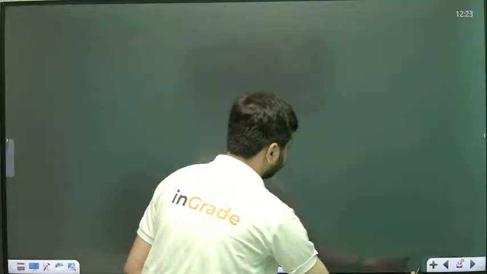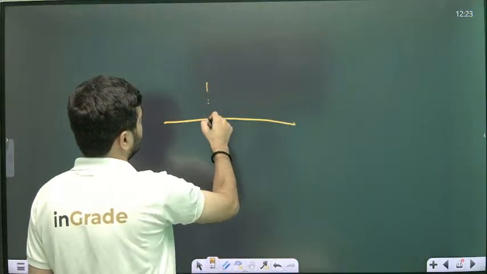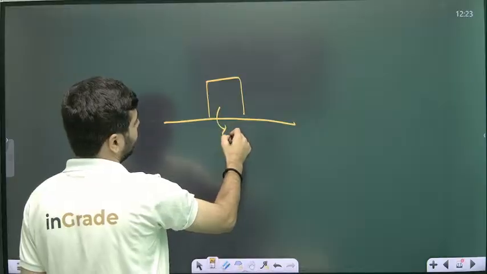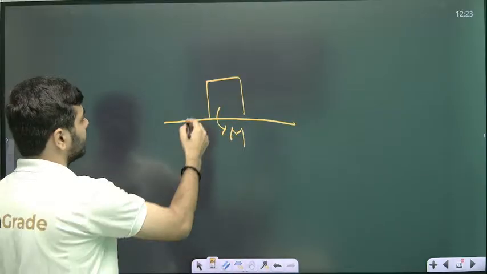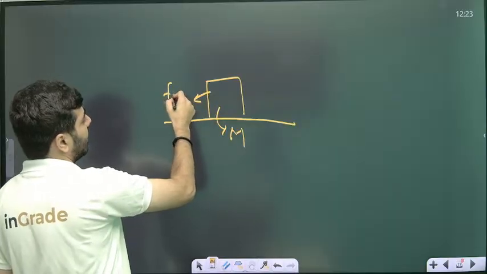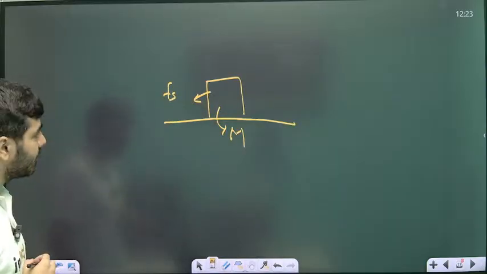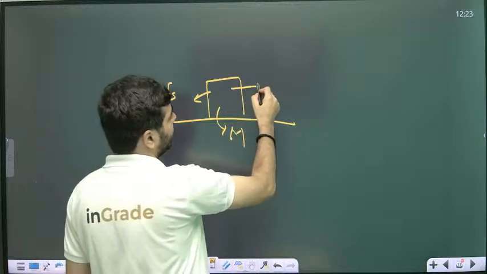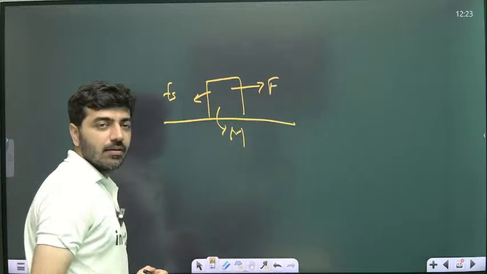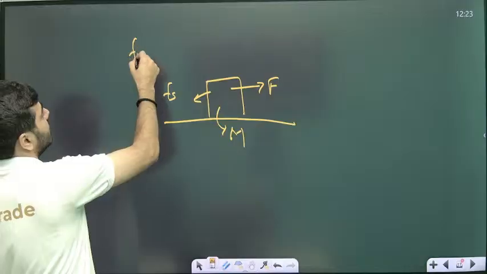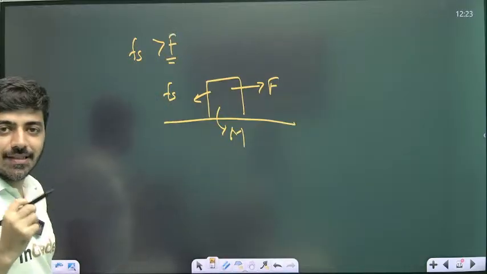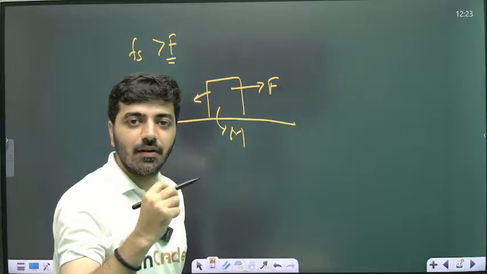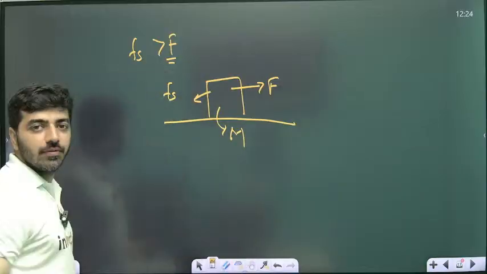Let's say a body having a mass, let's say capital M, is at rest, body is not moving. Then static friction is acting on it, small fs. Okay. If we apply an external force, the fs is still greater than the external force, meaning the static friction is greater than the external force, then the body will not move.